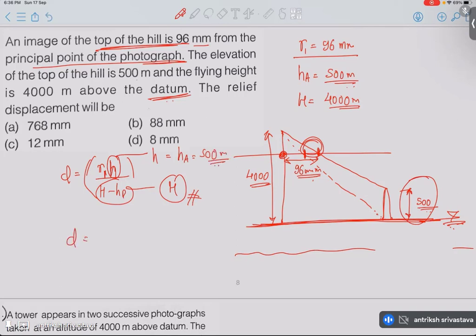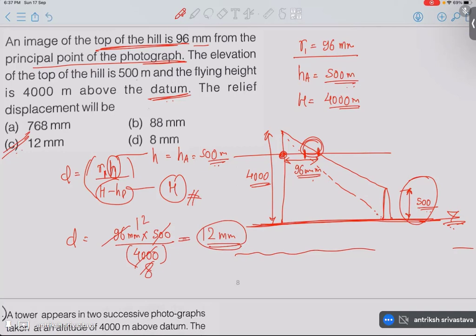If we use this shortcut, this kind of trick, then we can easily get the answer: 96 mm into 500 divided by 4000. So what is the answer here? Okay, so the answer is 12 mm.